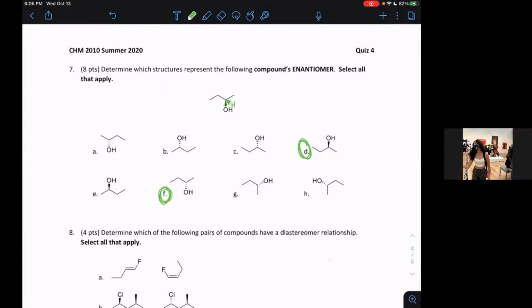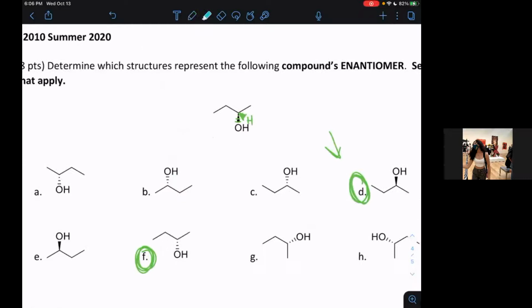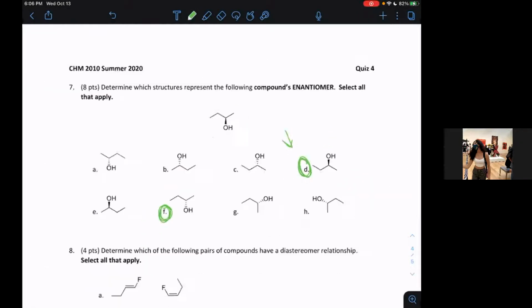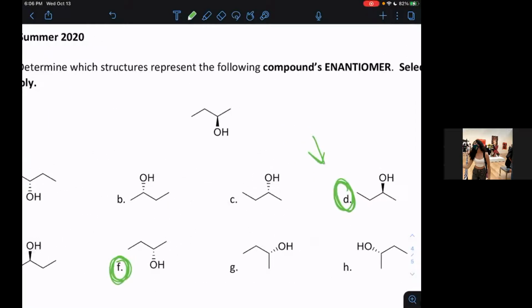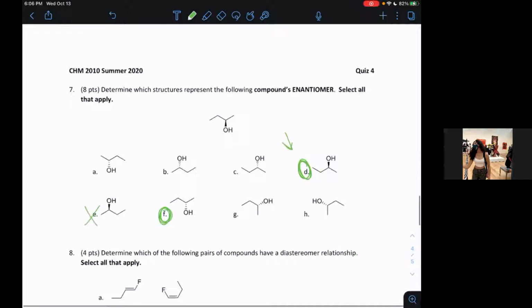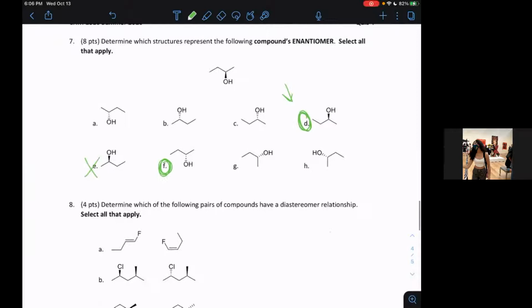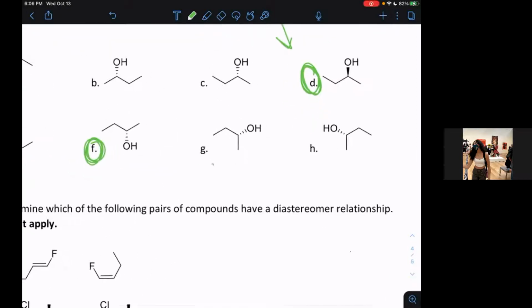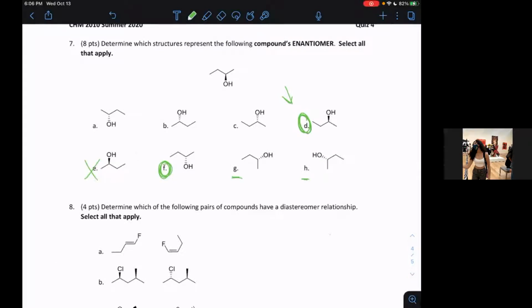I think this one was the only mirror image, because mirror images always stay a wedged bond. So this one isn't one. So yes, we have those ones. I don't know about G and H. I don't know how to do that, and she hasn't even really told us how to do that.